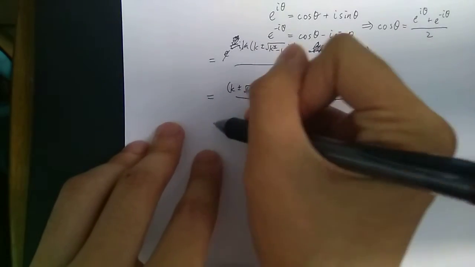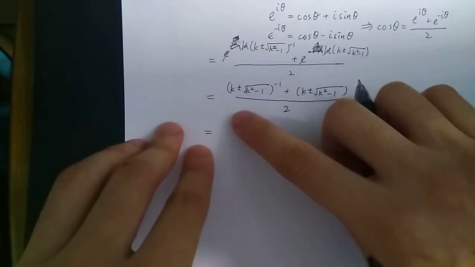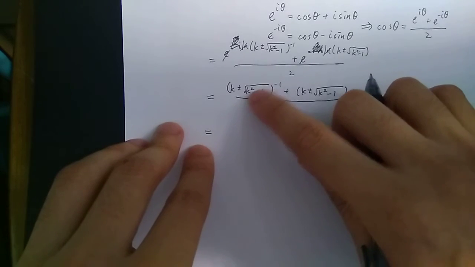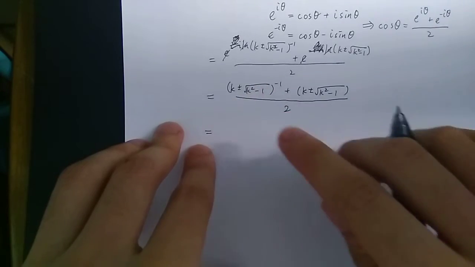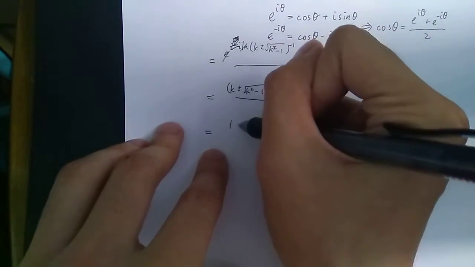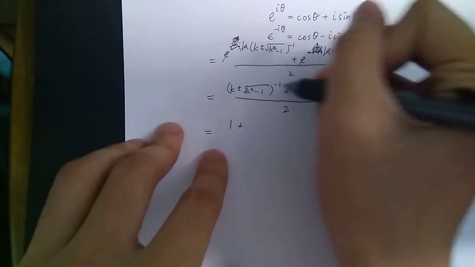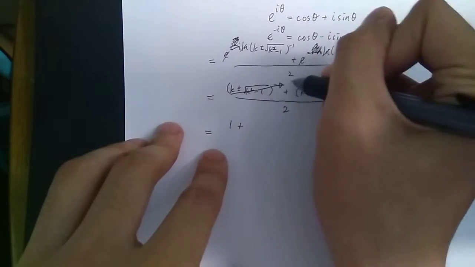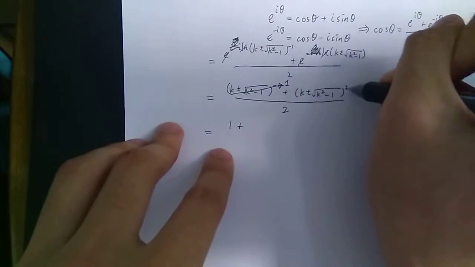So we can keep doing this by multiplying up and down by k plus or minus square root of k squared minus 1. And so it becomes plus, this one will be equal to 1 in the next step, and this will be squared.